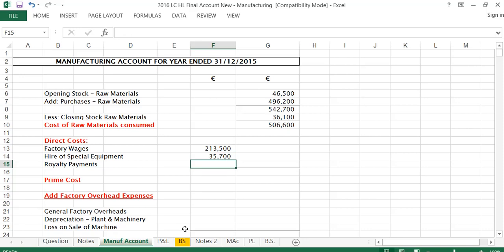And I'm going to have royalty payments, which again from the trial balance are 30,500. There's no change to those. So they are going to total 279,700.